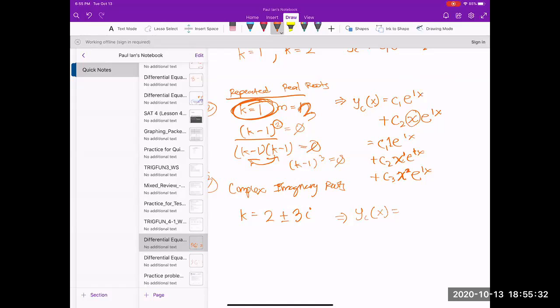It's the Euler equation: C1 e to whatever this number is as the exponent of your exponential, and whatever number is in front of the i goes inside the cosines and sines.